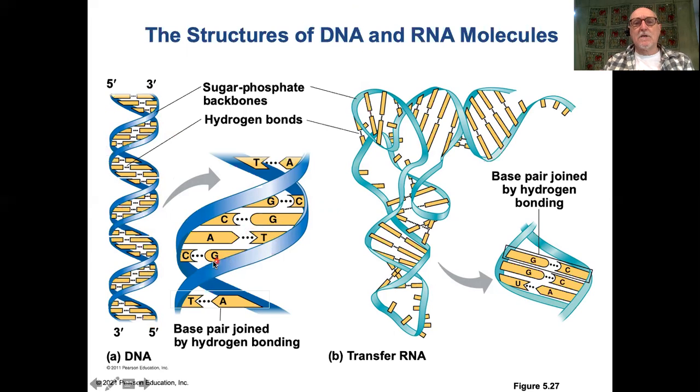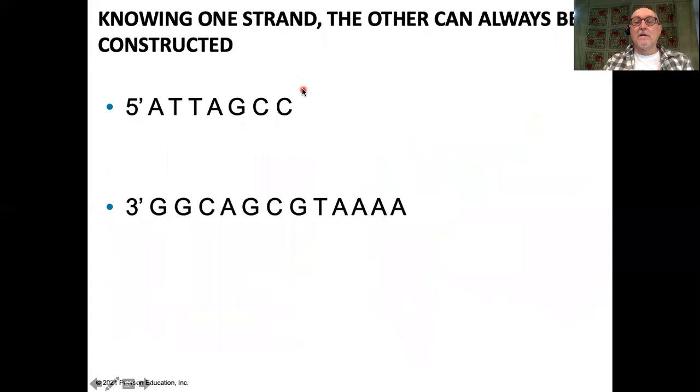Let's pretend these bases have been obliterated on this strand here. They've been lost for some reason or another. We can recreate it. We know that that must be C because this is G. We know this must be G because that's C. We know this must be T because that's A. We know this must be G because that is C. Knowing one side, you can always recreate the other.